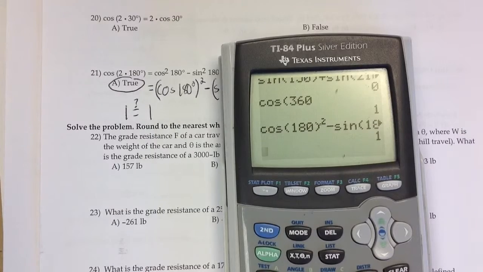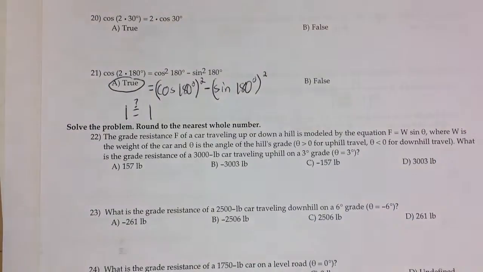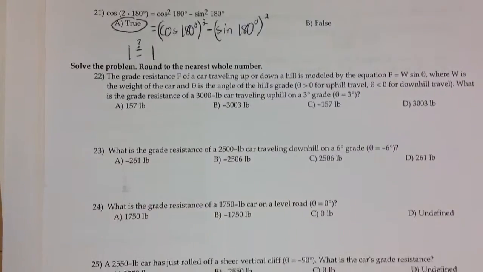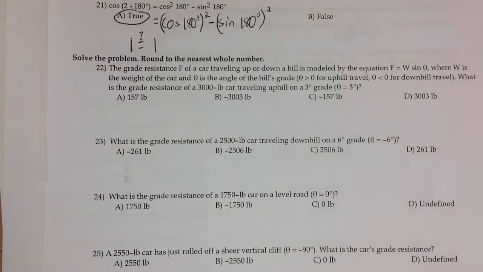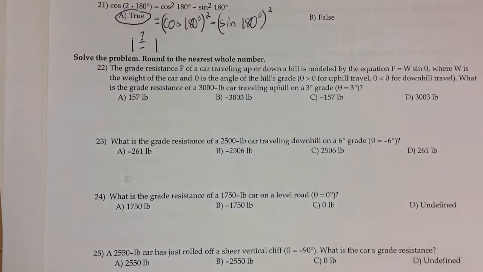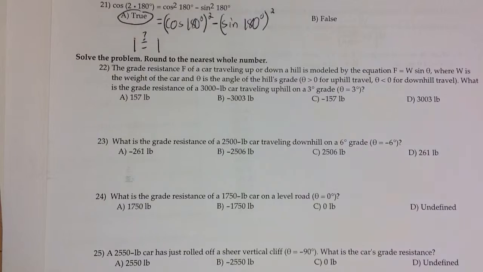Any questions on problems 16 through 21? Okay. One of the fortunate things that's going to happen very soon is we are going to start applying the stuff that you've learned over the past month.